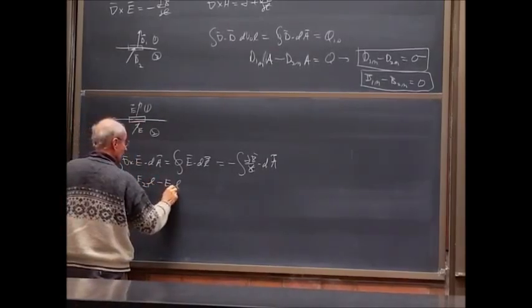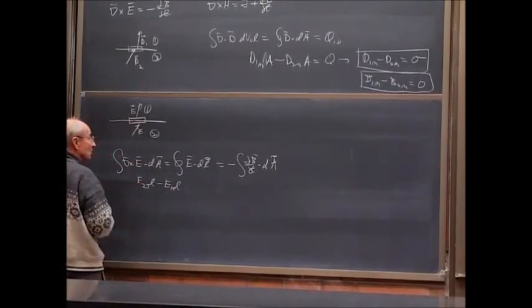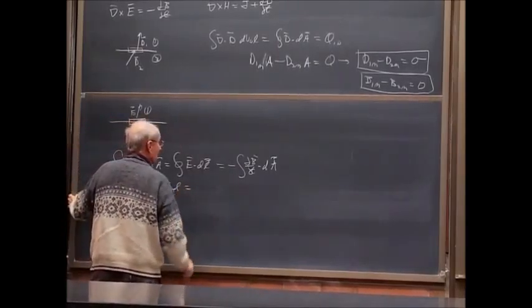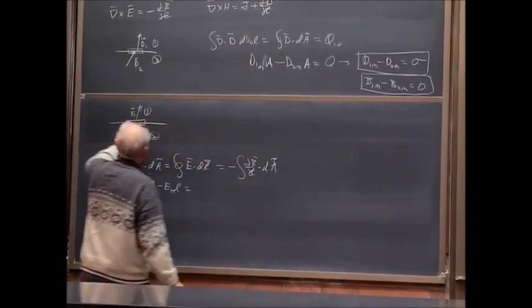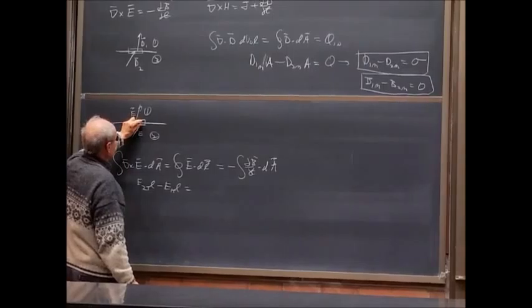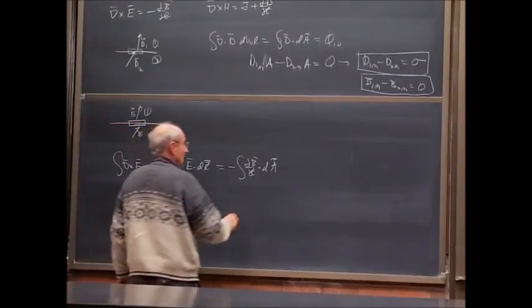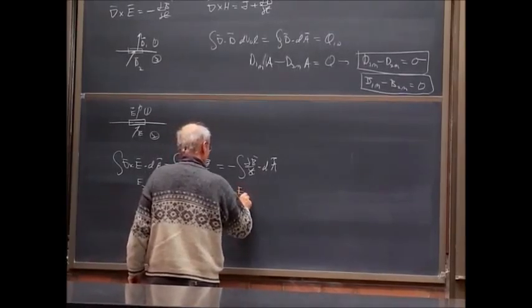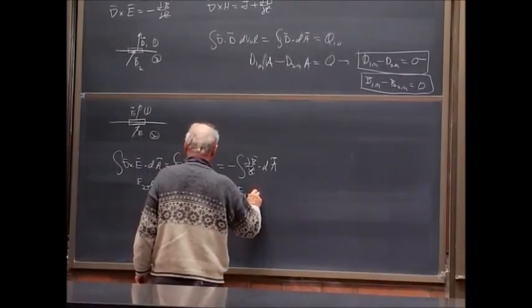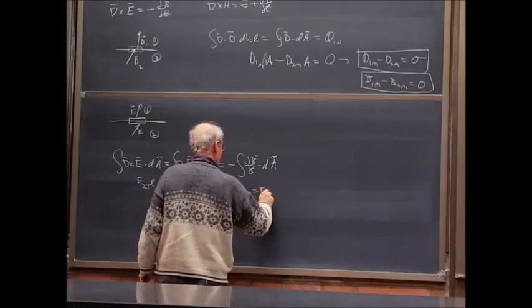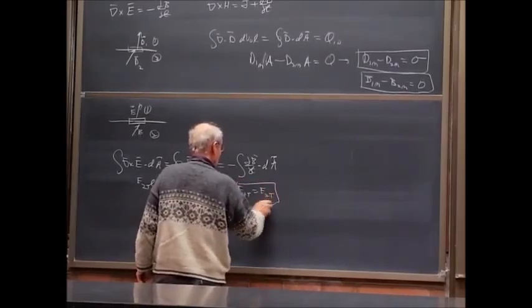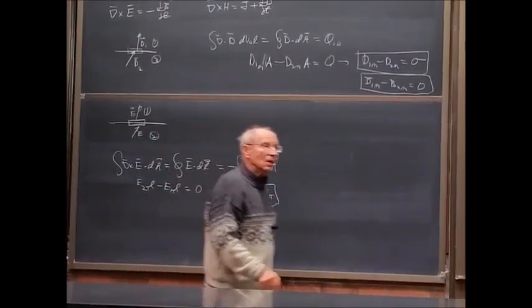So E2 tangential minus E1 tangential times L equals, now as that goes to 0, this area goes to 0, so that becomes 0. And the conclusion is E1 tangential equals E2 tangential, and the tangential component of E is continuous.